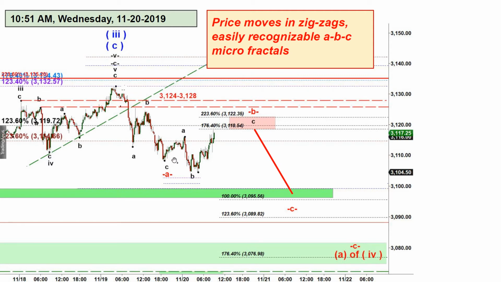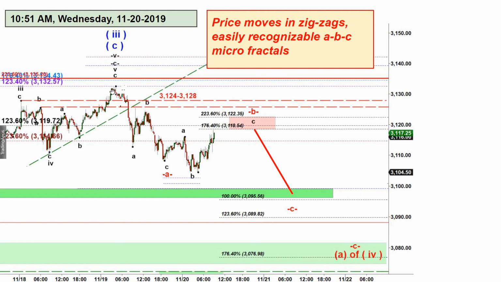But it's a valid structure and we see it pretty regularly. You can see here that price moves in zigzags, easily recognizable ABC microfractals. So it's not rocket science, it's pretty easy to learn that methodology and successfully use it in trading.